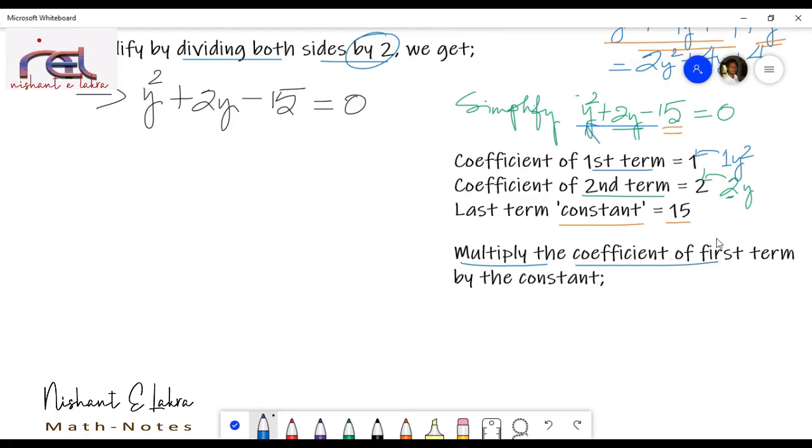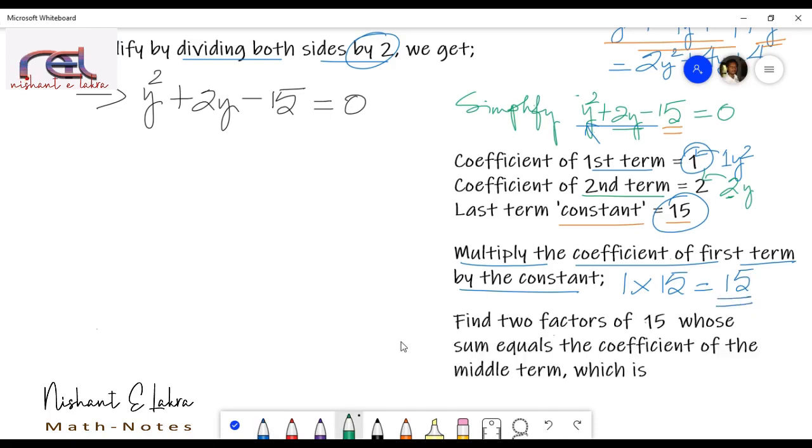Now what we are going to do is multiply the coefficient of the first term by the constant, that is the last term. Multiply the coefficient of the first term, that is 1, by the constant, that is 15. So 1 into 15 will be 15.